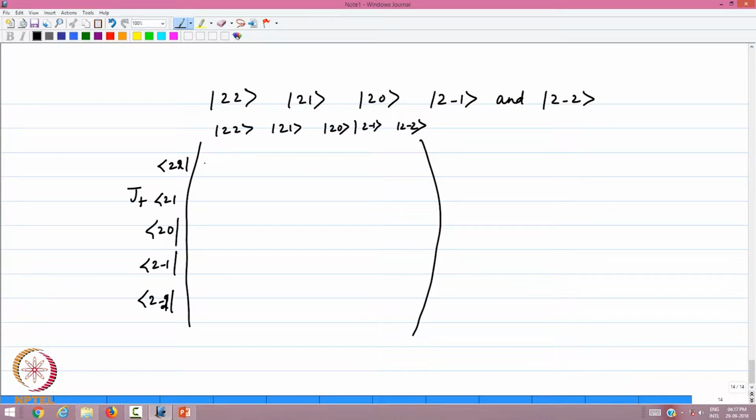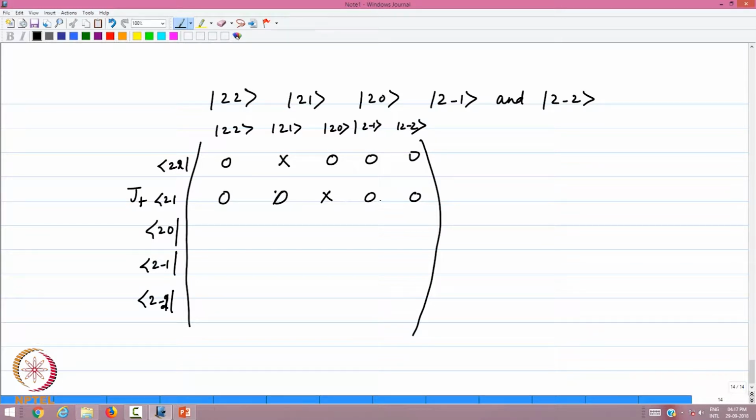You can see that this element is <2,2|j plus|2,2>, this will be 0, and j plus acting on |2,1> will give you |2,2>, therefore, this is non-zero, and all the others will only step up once, but this is already more than one step away, therefore, this is 0, this is 0, this is 0, and the j plus operator is stepping up, therefore, |2,1> to |2,2> is not possible, j plus on |2,2> is 0 and the diagonal element is also 0, and so what we have is this, and the other two are also 0.